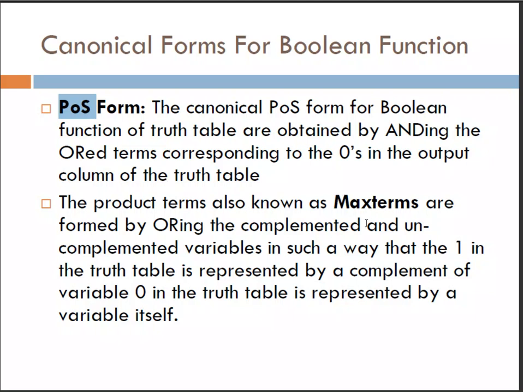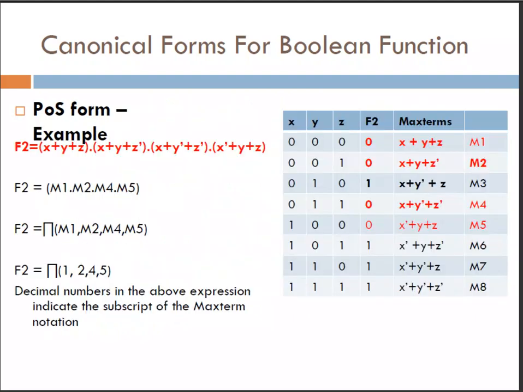Max terms are formed by ORing the complemented and uncomplemented variables in such a way that a 1 in the truth table is represented by the complement, the inverse of the variable, and a 0 in the truth table is represented by the variable itself. Let us see.